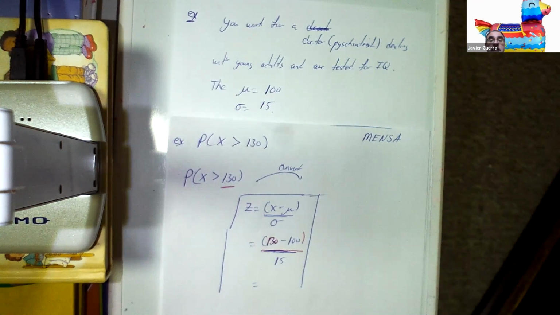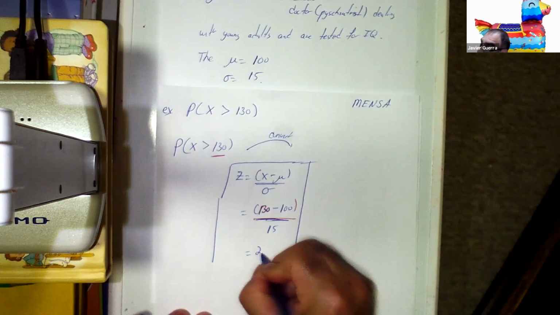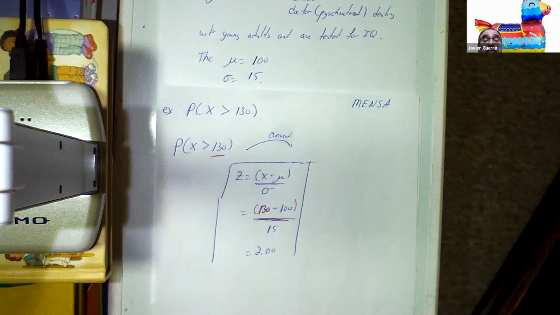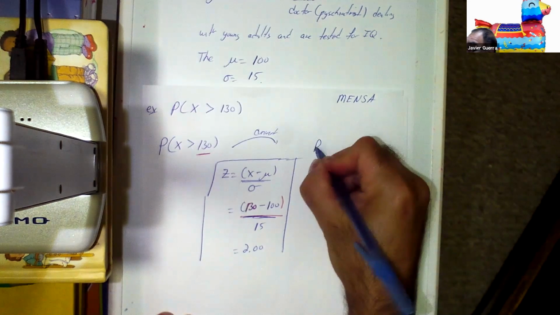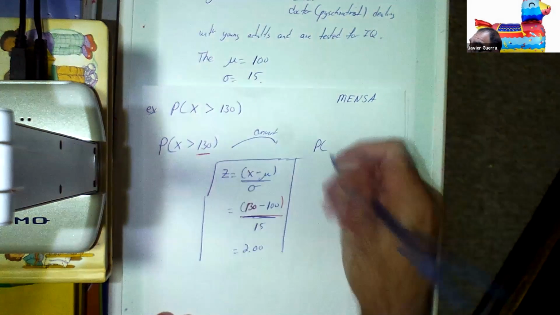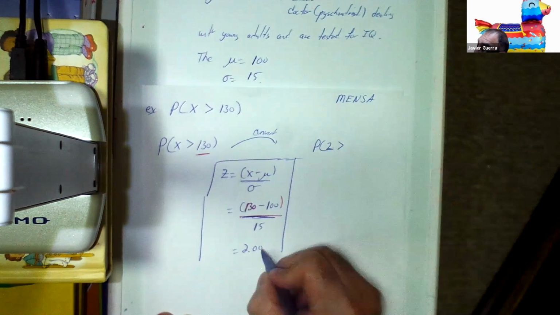And let's see, do I need to round? Let me see. What is 130 minus 100 divided by 15? I get 2, or 2.0. So now I write my probability. I'm going to change that x to a z. I'm gonna keep the symbol. And I'm going to put my 2 here.